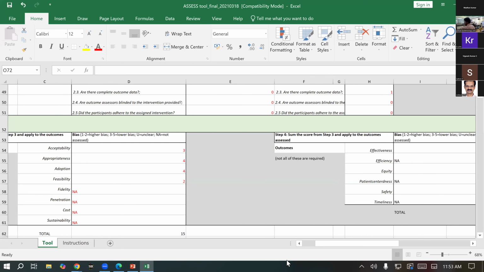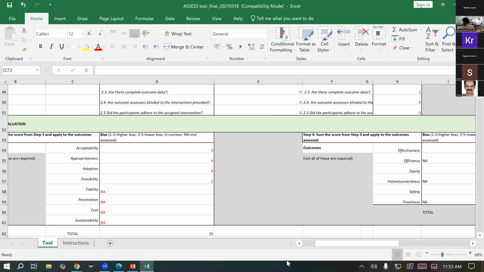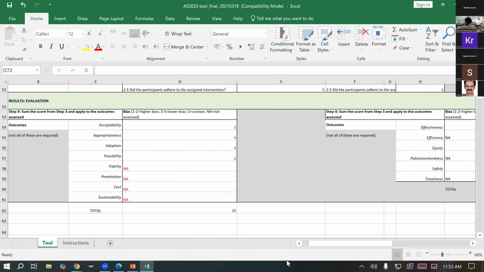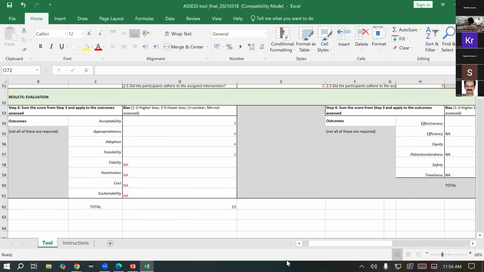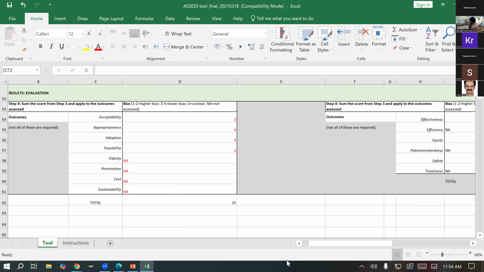And the last factor that we'll have to do is to give a scoring for the outcomes of implementation research. For acceptability, I have given a low risk of bias. For appropriateness, I have given a low risk of bias with a score of 4. For adoption, I've given a score of 4 with low risk of bias. And for feasibility, I've given a score of 2. The study did not appropriately assess fidelity, penetration, cost, and sustainability. Hence, I've used not applicable.